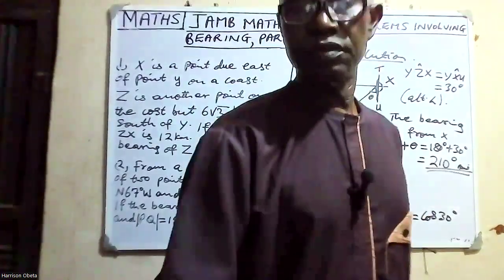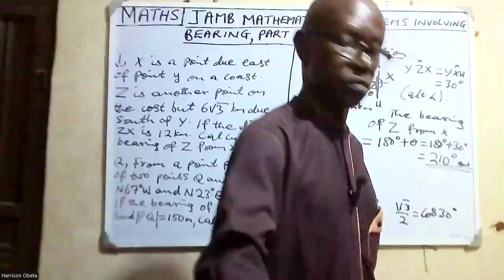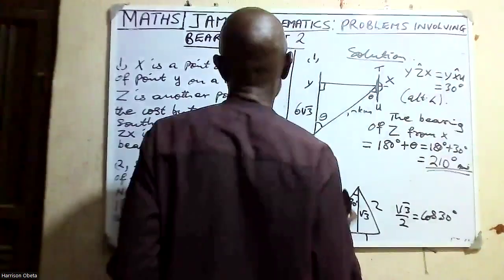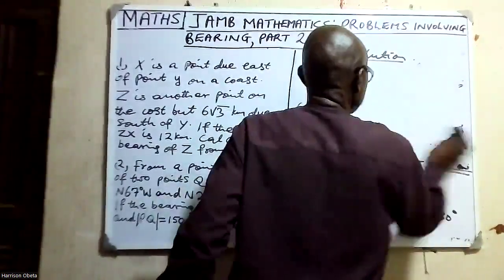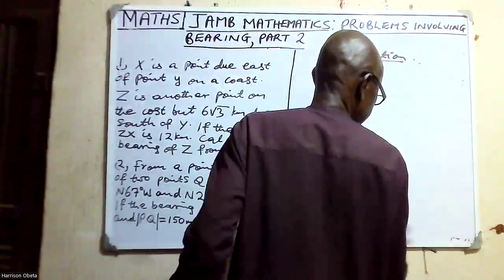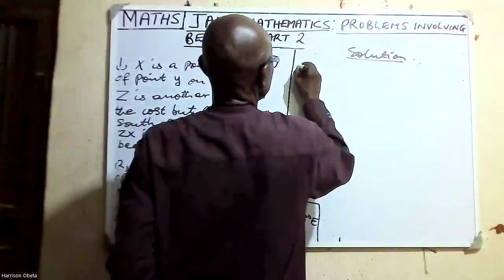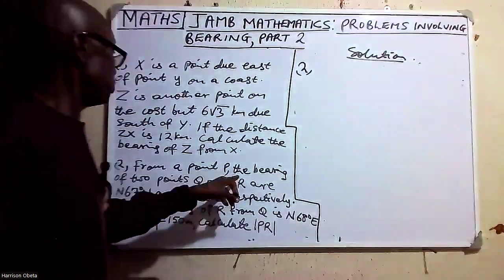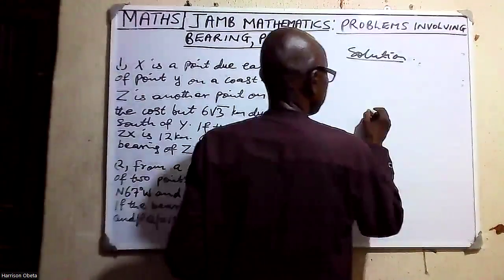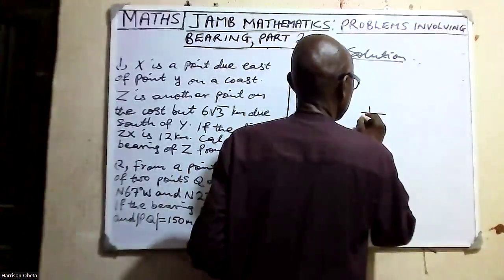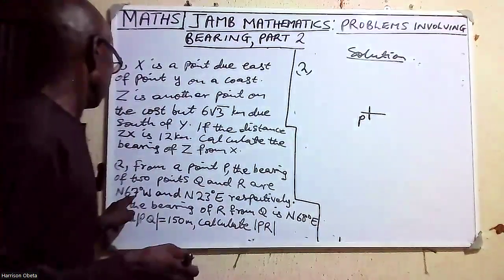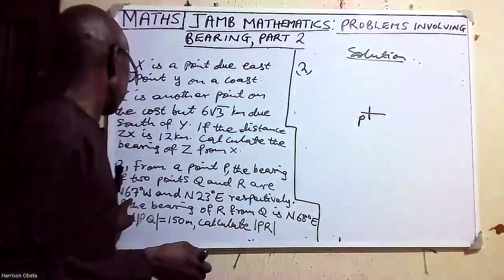So we go over to question number 2. And question number 2: from a point P, the bearing of two points Q and R. From a point P, let us have this, P. The bearings of two points Q and R are north 67 degrees west.